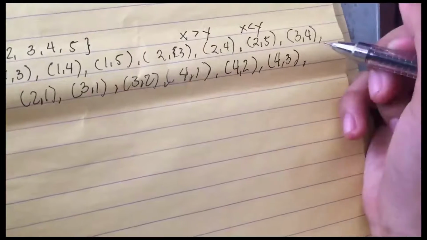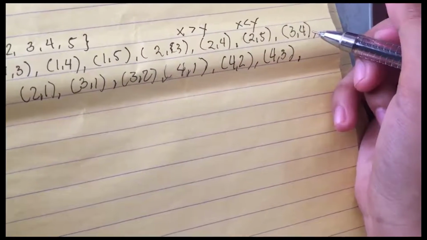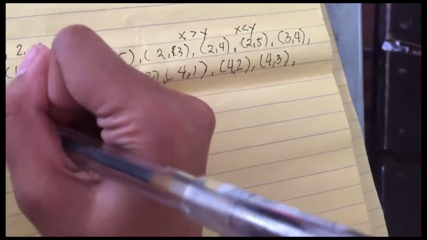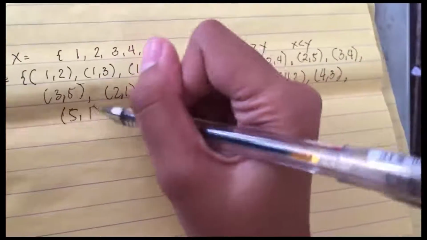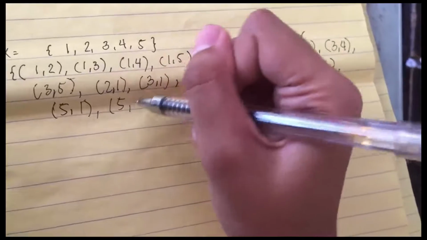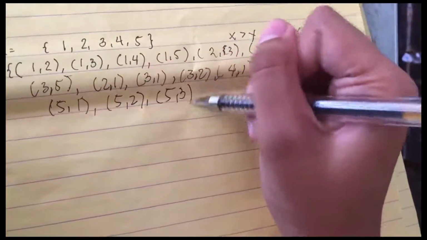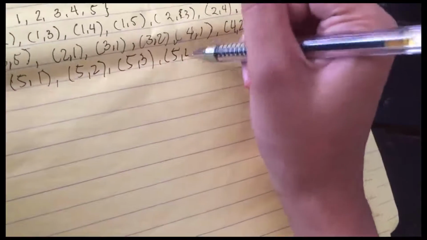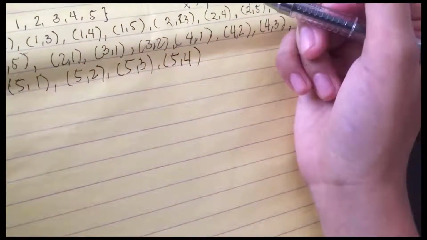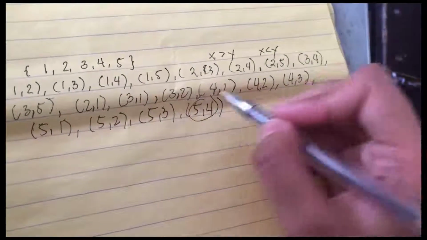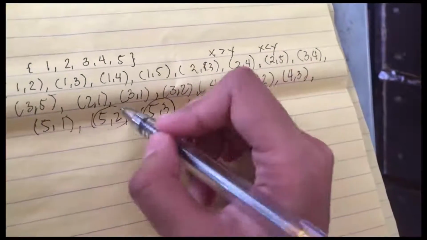Meron ding 5 and 1, 5 and 2, 5 and 3, 5 and 4. So, ito naman yung X is greater than Y. Mas malalaki yung first element nila.